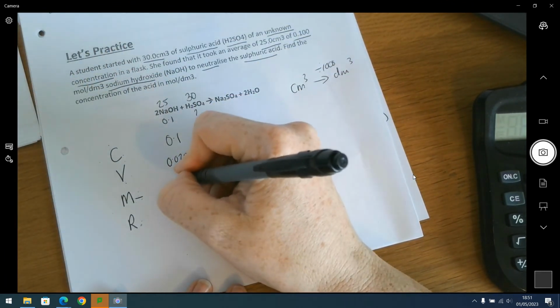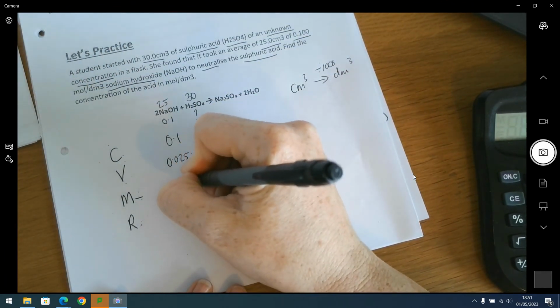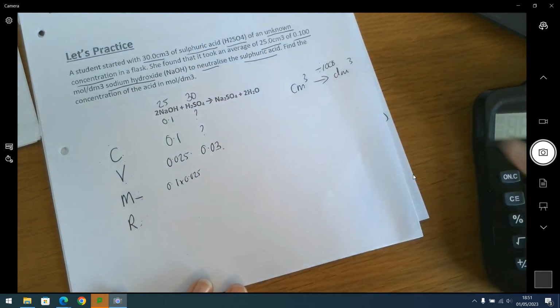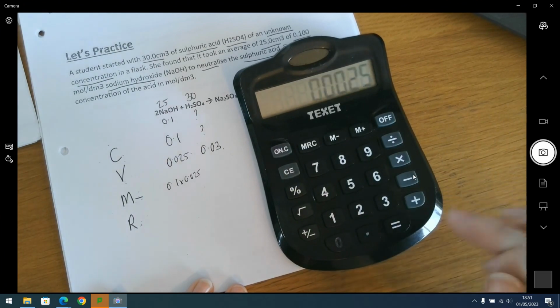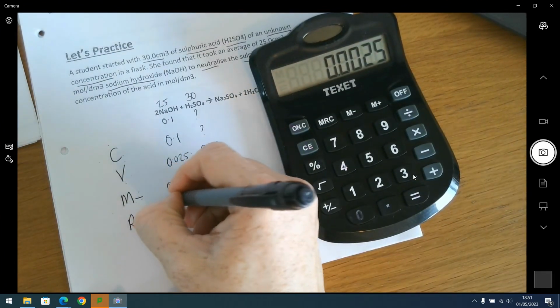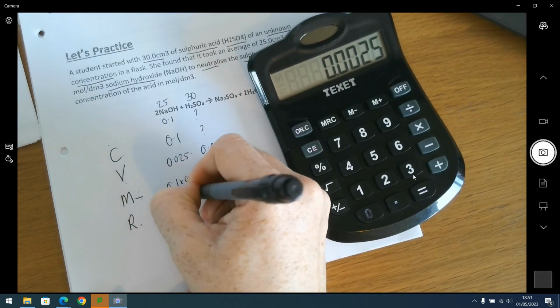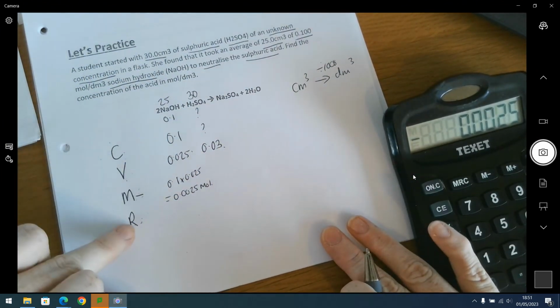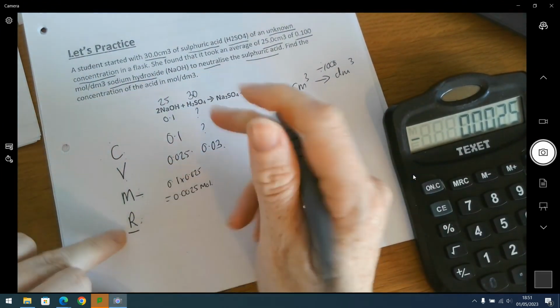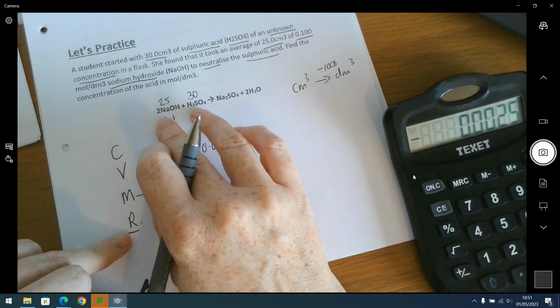So I do 0.1 times 0.025 gives me a mole value of 0.0025 moles for my sodium hydroxide. So the last thing I have to think about is the ratio, and the ratio comes in through the equation.